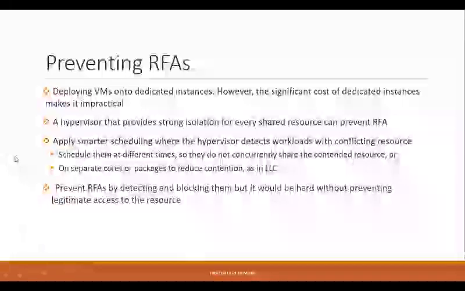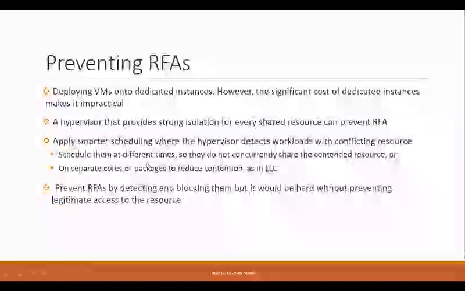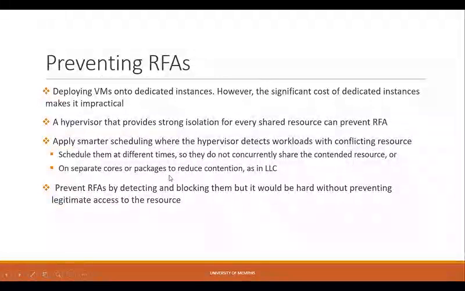Or you can apply a smarter scheduling, if any exists, where the hypervisor detects the workloads with conflicting resources and schedules them at different times so they do not concurrently share the contended resource, or on separate cores or packages to reduce contention, as in the case of the last level cache.